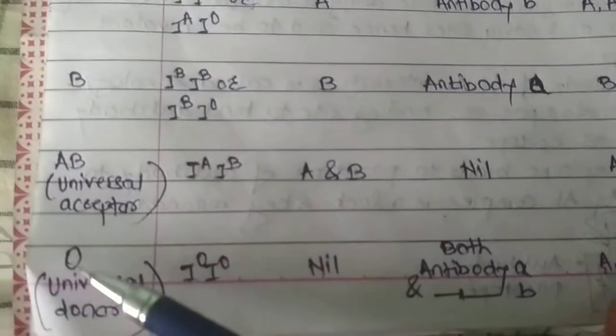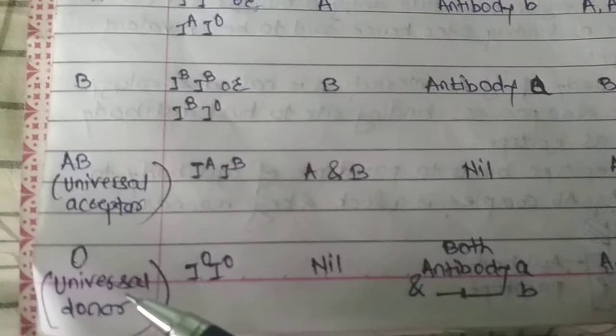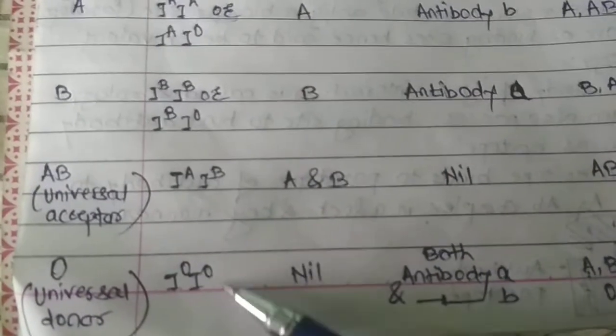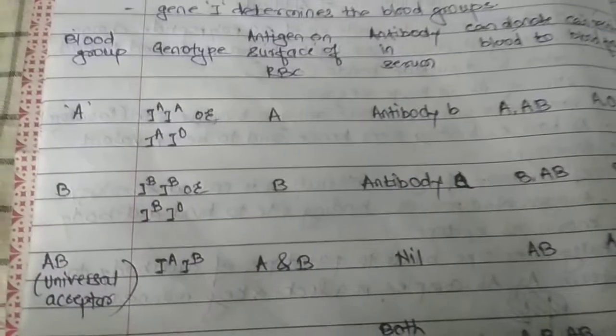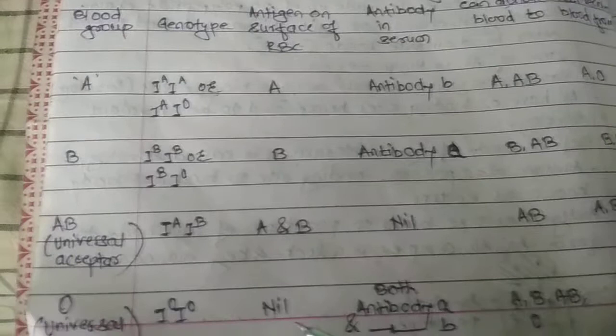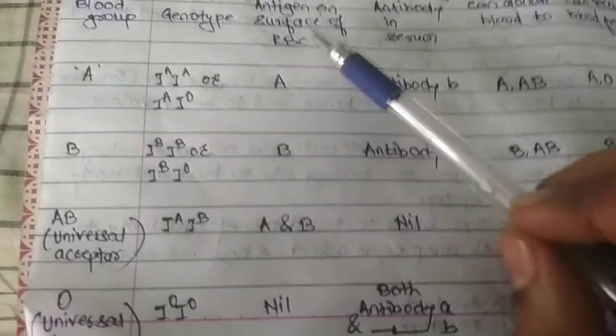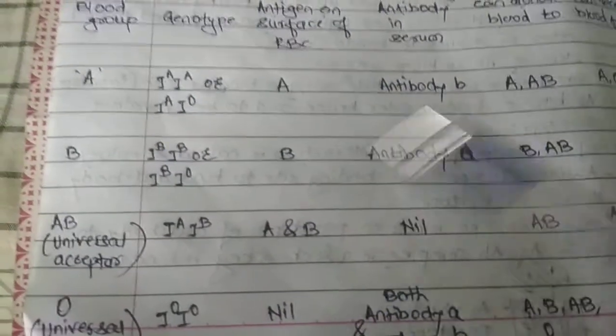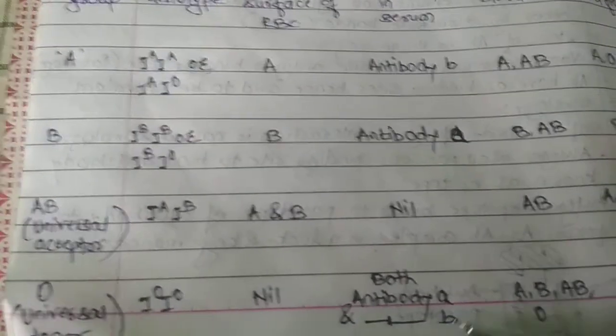Similarly, the universal donor is O. This is again very important. The O blood group, you know about this, is called the universal donor. The genotype is I0 I0, and the antigen on the surface of RBC is nil. The antigen, that is the agglutinogen, is nil in the case of O. The antibodies in serum are both antibody a and antibody b.